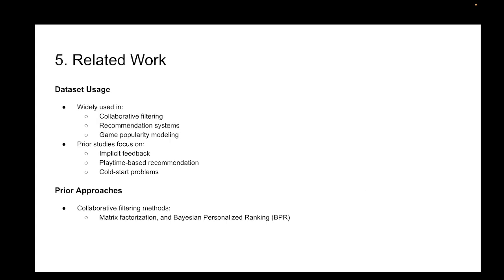Similar Steam datasets have been widely used in recommendation system research for tasks such as game recommendation, user preference modeling, and purchase prediction. Early approaches include a popularity-based baseline, collaborative filtering methods like matrix factorization, and Bayesian personalized ranking, and the most recent are feature-based supervised models that combine price, genre, review sentiments, and user behavior.